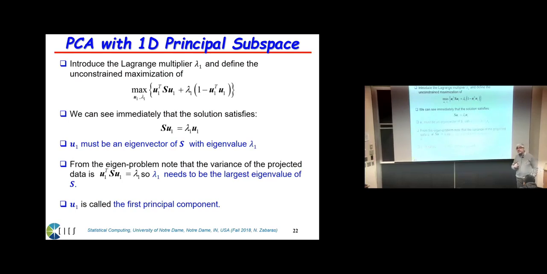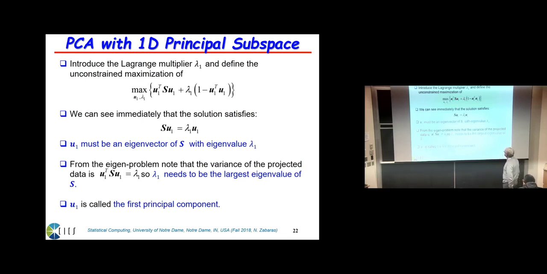Obviously, you're going to have to take derivatives with respect to u1 and with respect to lambda 1. And you can immediately see that if you take derivatives with respect to u1, you basically get S u1 equals lambda 1 u1.